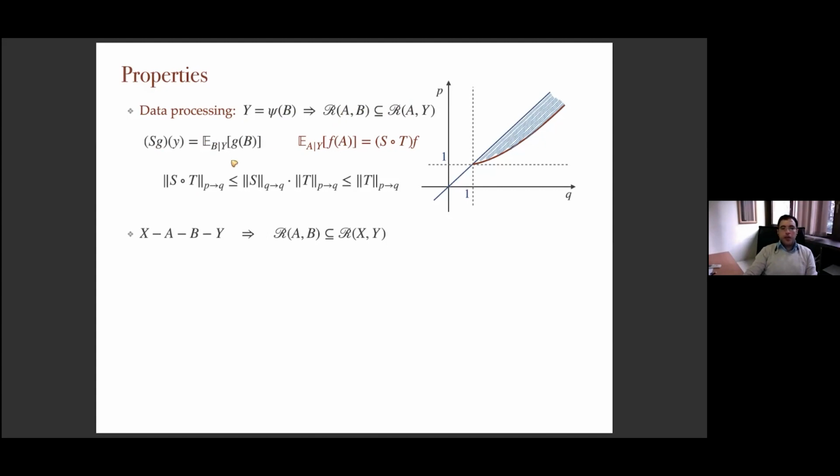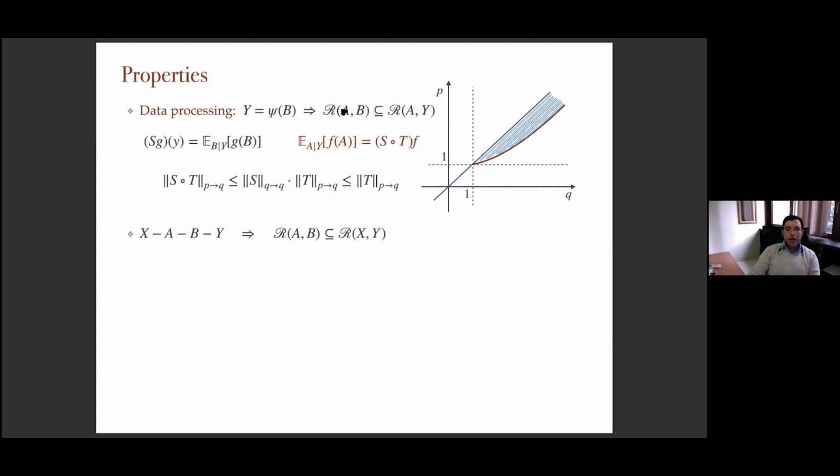I can go first from A to B, and then using this function go from B to Y. So what I mean is that the conditional expectation operator from A to Y is equal to the composition of T, the operator from A to B, with S, the projection operator from B to Y. We had this expression before, if you remember.